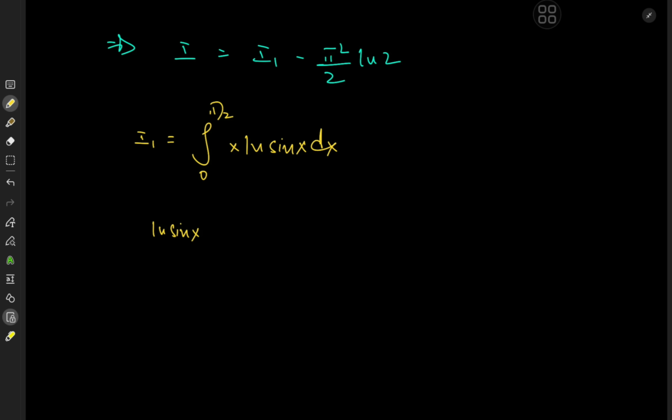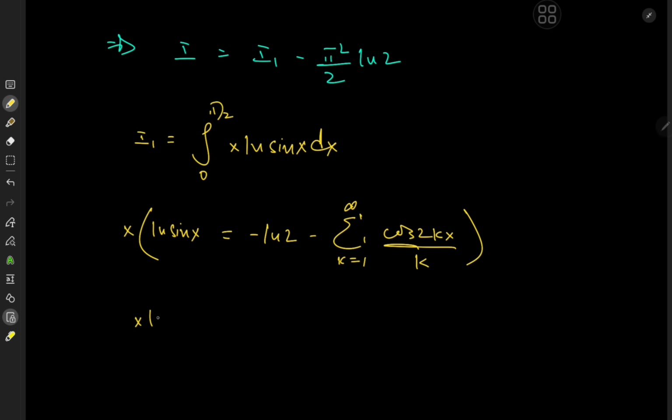Anyway, so log sine x equals negative log 2 minus the sum over k from 1 to infinity of cosine 2kx over k. So all I need to do here is multiply by x, so that I have x times log sine x equal to negative x times log 2 minus the sum over k from 1 to infinity of x times cosine 2kx over k.